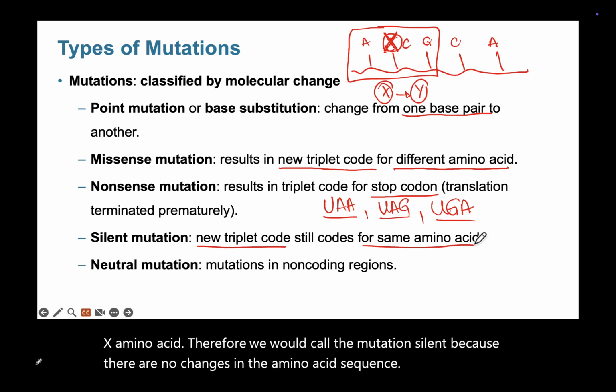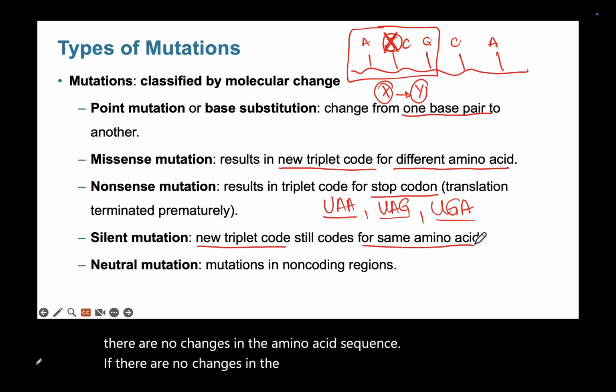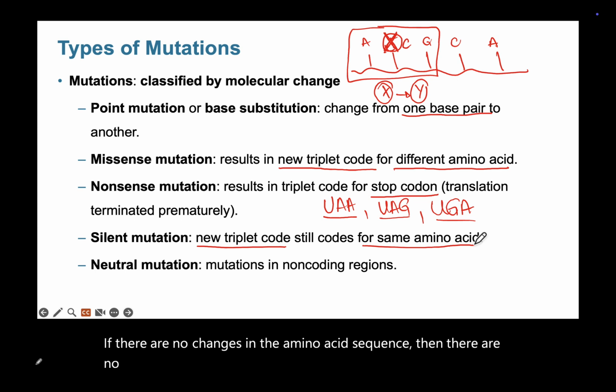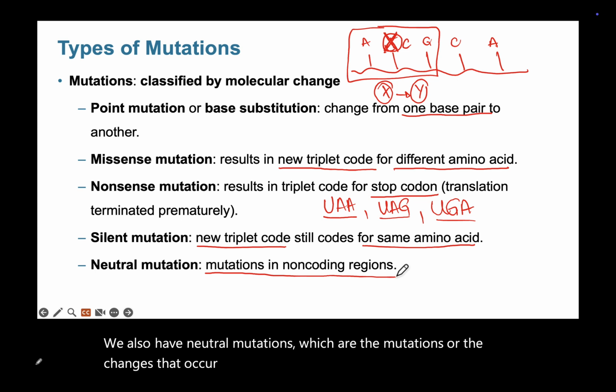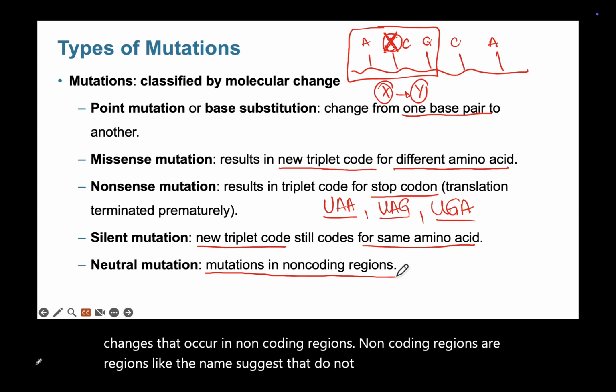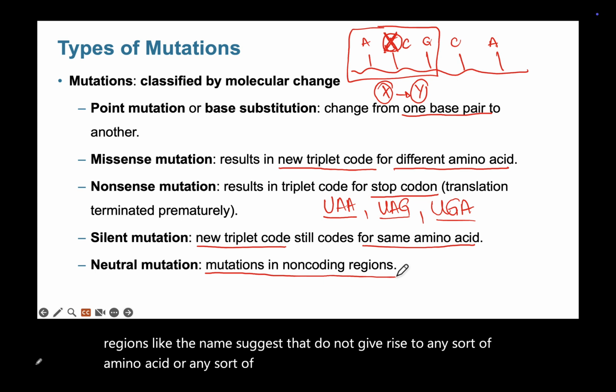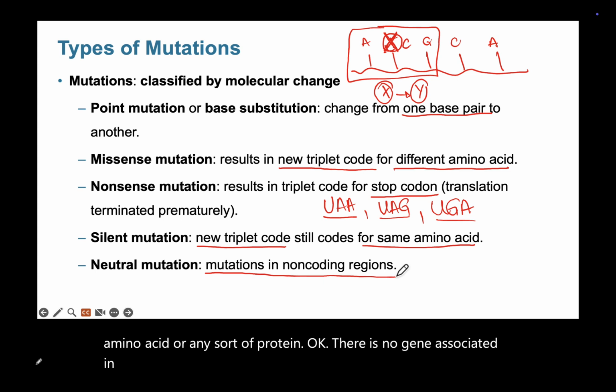If there are no changes in the amino acid sequence, then there are no changes in the protein formation. We also have neutral mutations, which are the changes that occur in non-coding regions. Non-coding regions are regions, like the name suggests, that do not give rise to any sort of amino acid or any sort of protein. Okay? There is no gene associated in that region.